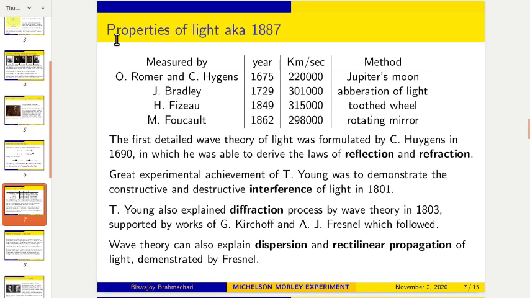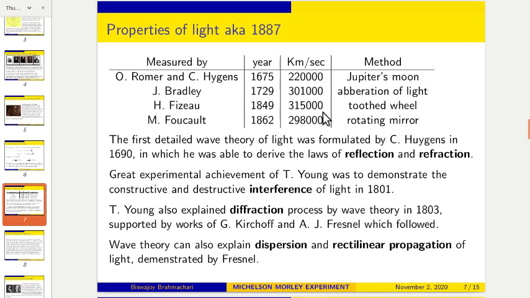Next, let's see the properties of light around 1887. At that time, as known in 1887, the velocity of light was determined from various experiments: Jupiter's moon, aberration of light, tooth wheel.